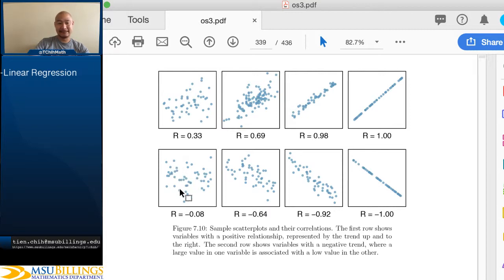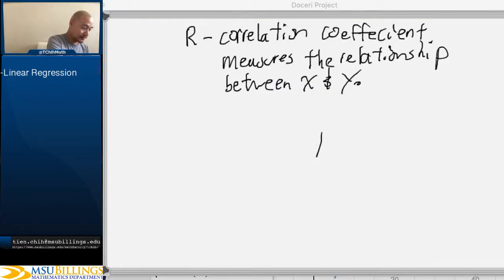And then as you go below 0, it gets to be less cohesive negative relationships, all the way to a perfectly negative relationship. And so we should note then, maybe parenthetically, that r ranges between negative 1 and 1.